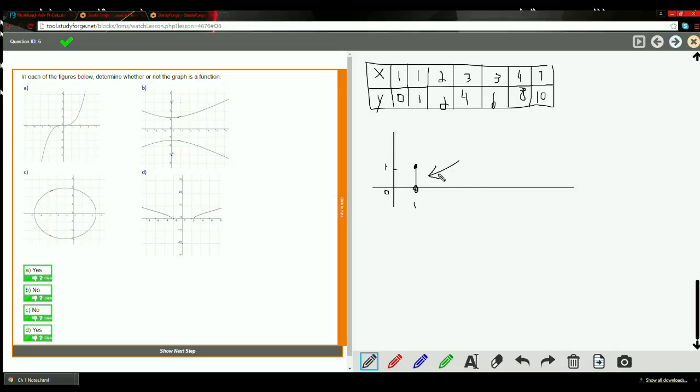When it's vertical, then maybe 2, 2, so 2 and then 2 over here. It's not a function as long as you have this, which has two outputs for the same input. It's no longer a function, no matter what. So the input 1 has the output of 0 and 1.